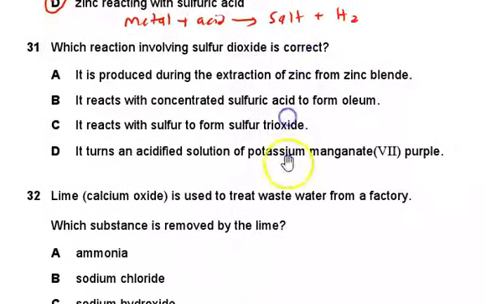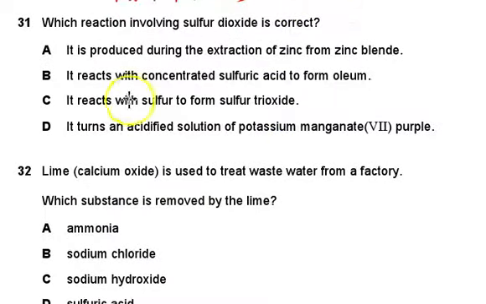Now look at number 31. Which reaction involves sulfur dioxide? It is produced during extraction of zinc from zinc blende. Zinc blende is zinc sulfide. But the thing here is, during the extraction of zinc, it only produces sulfur and not sulfur dioxide. So this one we just keep on hold.